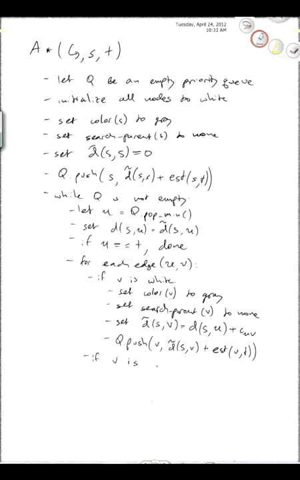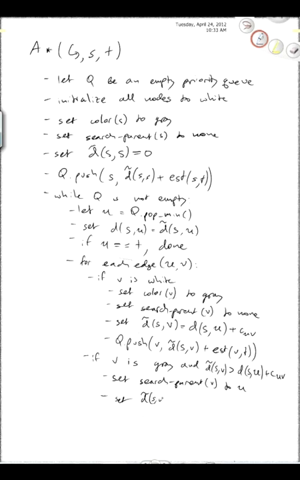If V is gray, we might potentially need to update its distance label. So if V is gray and its distance label is worse than the new information that we're seeing, then what we're going to do is we're going to set the search parent of V to U, and we're going to update the distance label.